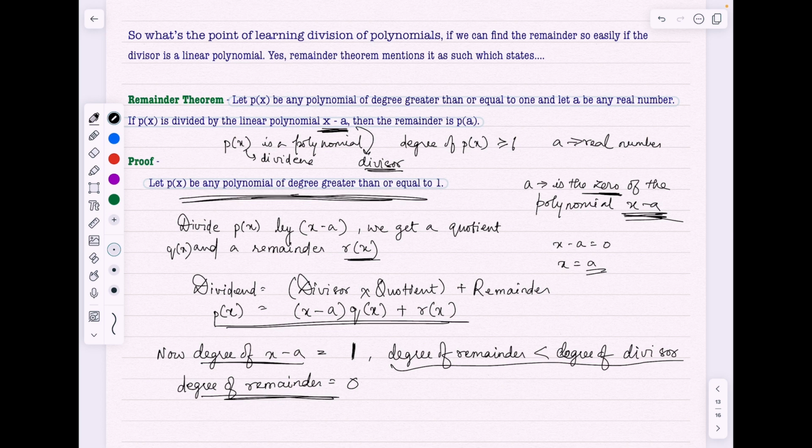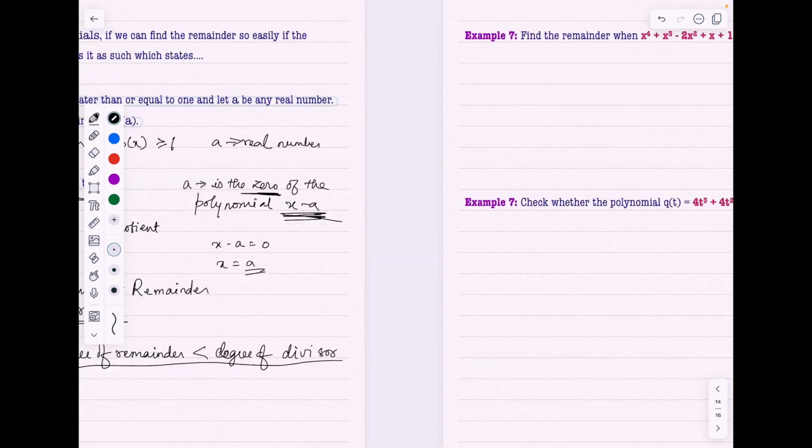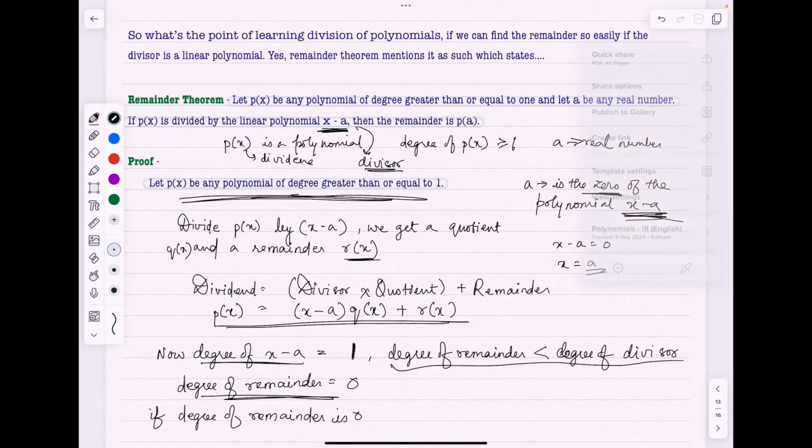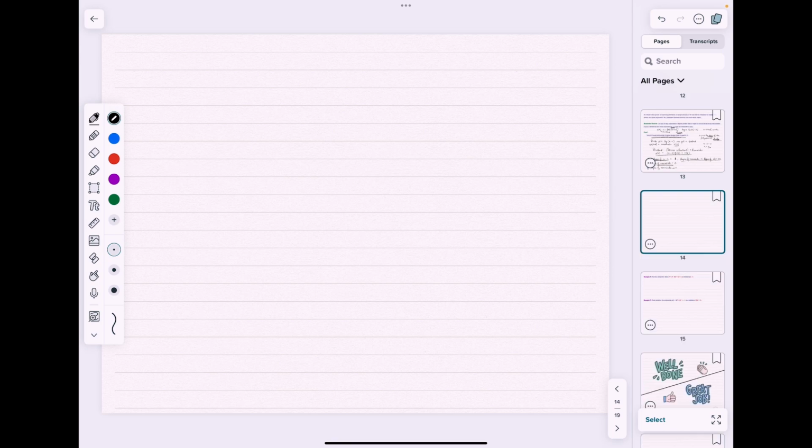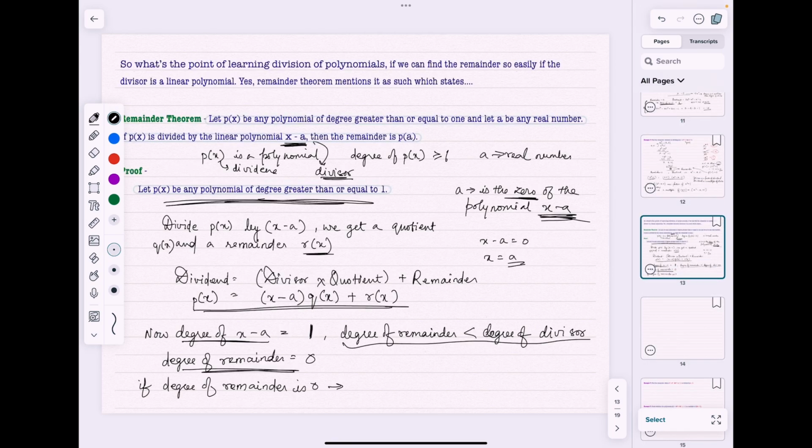If the degree of the remainder is 0, that means r(x) has no x terms, that is x to the power 0.